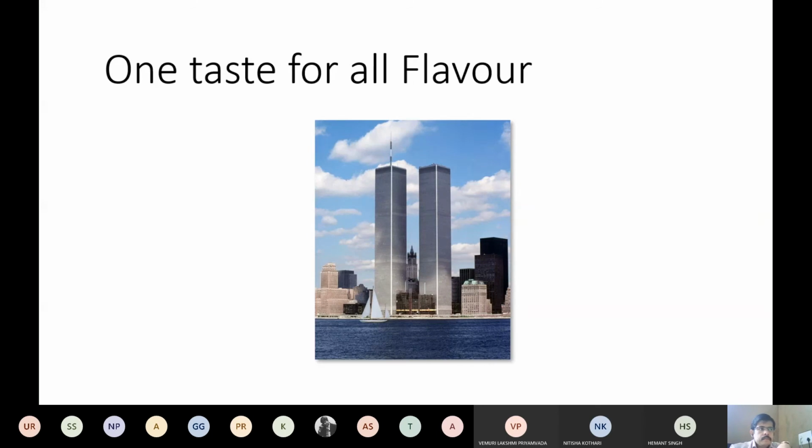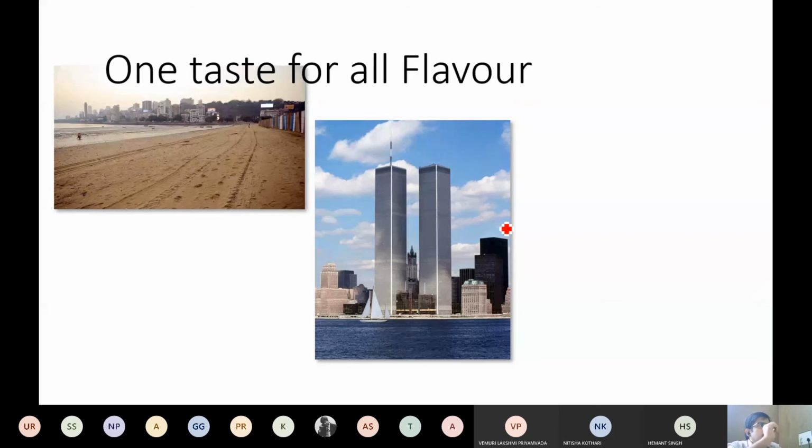Which building was that? I don't know, sir. Anyone would like to attempt? This is the World Trade Center.